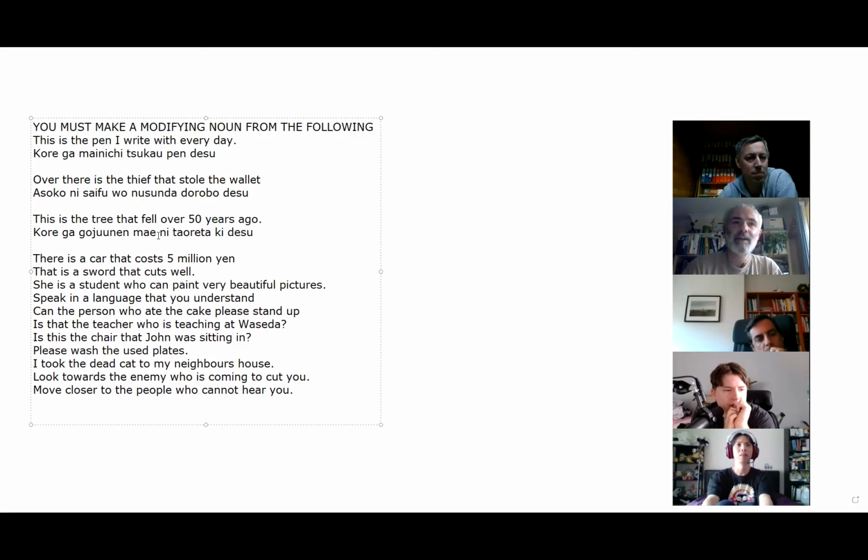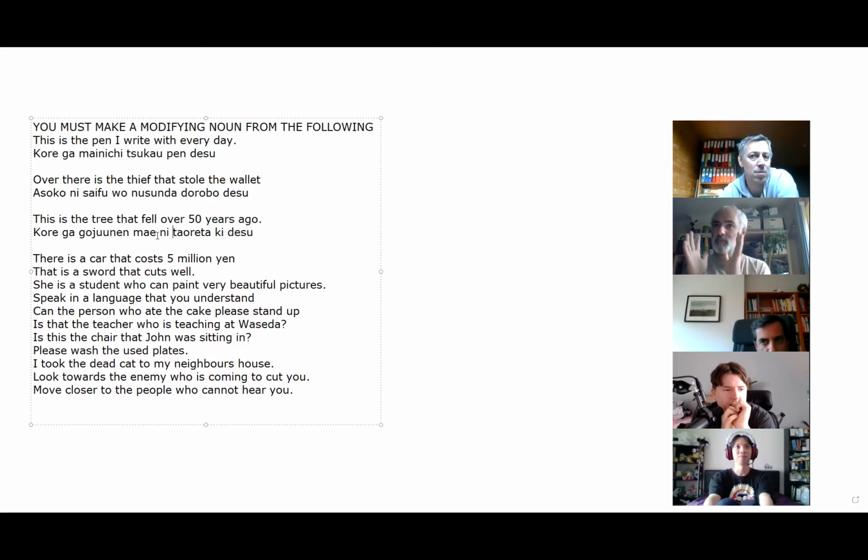This now says this is the tree that fell over 50 years ago, which makes the 50 years ago the specific thing. Whereas you just want to say this is the tree that fell over 50 years ago. You don't want to compare it with another one that fell over 40 years ago, for example. So we don't need ni.